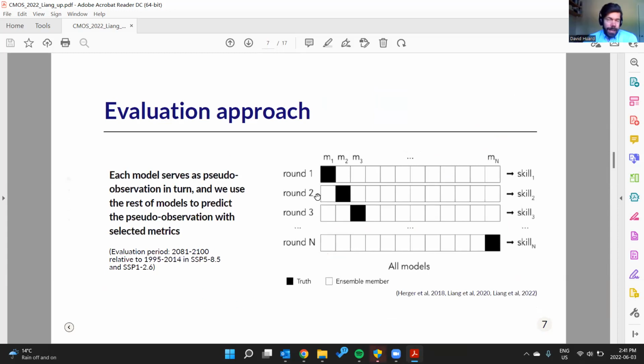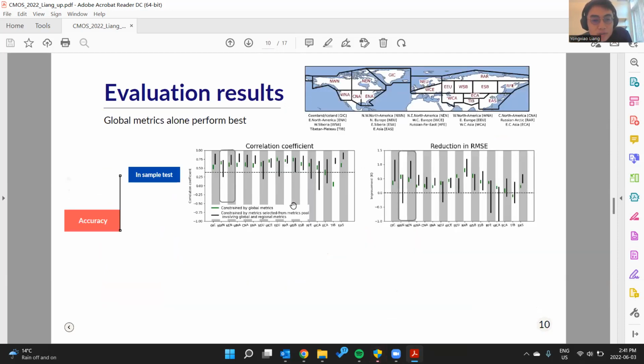And so isn't that an assessment of agreement among models? I may not measure this agreement. I just see whether the predictions from the rest of the models are close to the pseudo observations.